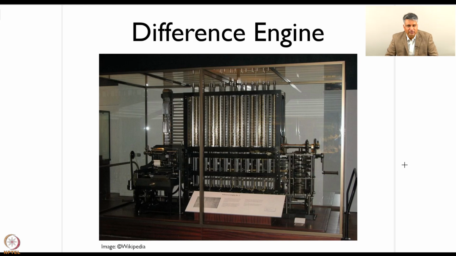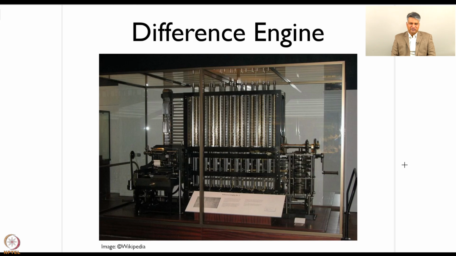Now, let's look at the first sort of computing machine. So if you were to Google who invented the computer or who invented the first computer, typically the answer comes back as Charles Babbage. And this was a machine that was designed by him. It's called the difference engine. Now, this was not a general purpose machine.